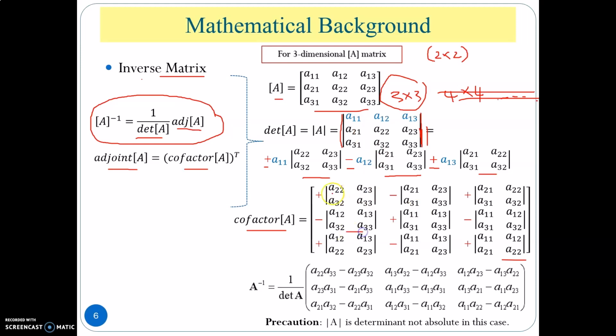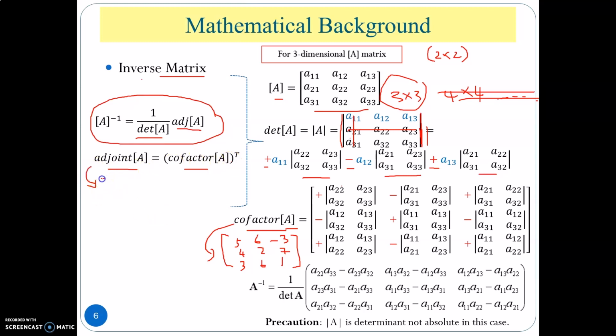To find the element in the second row, first column, you cross the second row, first column, so you take the determinant for A12, A13, A32, and A33. By using the same procedure, you should be able to obtain the cofactor matrix of A. Let's say you get the answer for the cofactor to be this, and then take the transpose to obtain the adjoint.